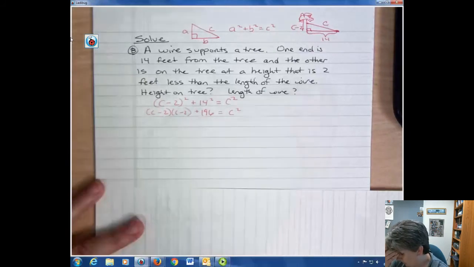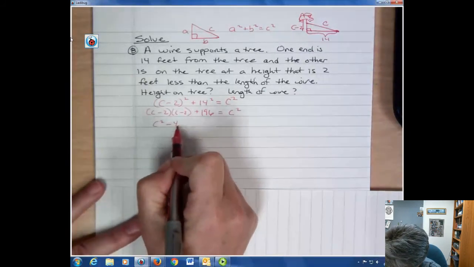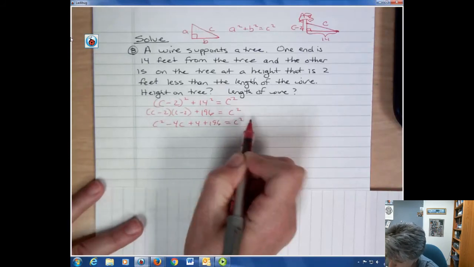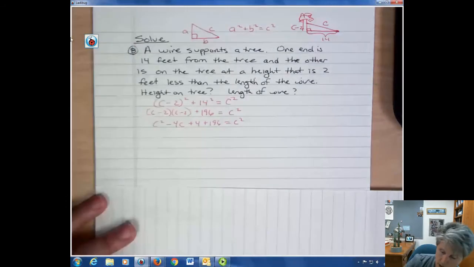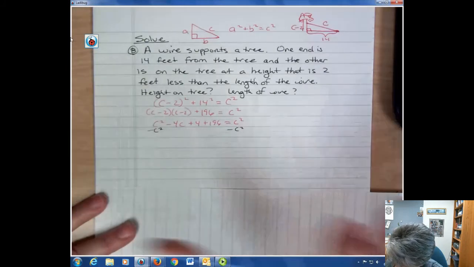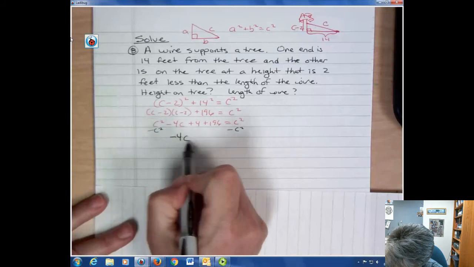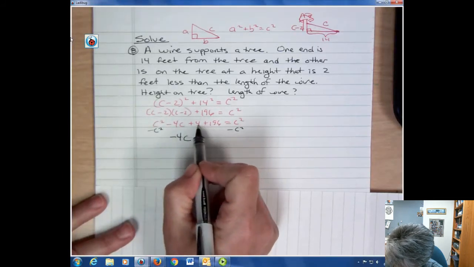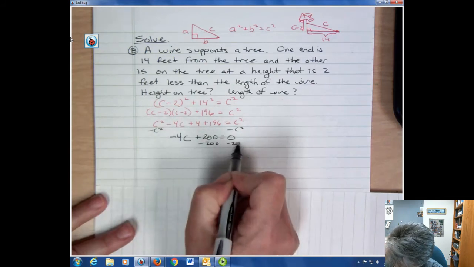All right, so if I FOIL out the left side, I get c squared minus 4c plus 4 plus 196 is c squared. Notice that the c squareds are going to go away here, because if I subtract c squared from both sides, that's gone. And I've got negative 4c plus 200 equals 0, and I'm going to subtract 200 from both sides.